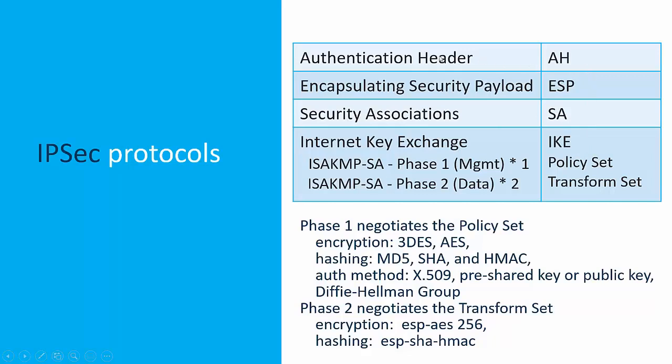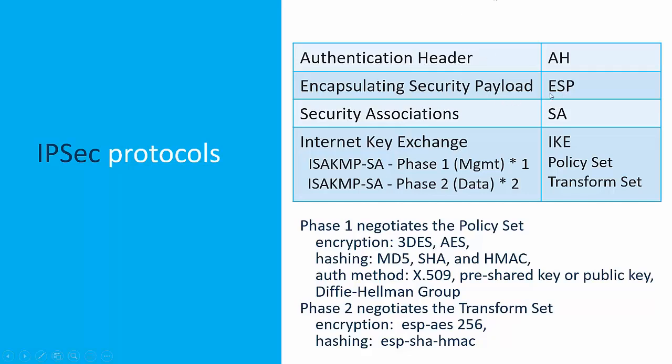Now, AH, or authentication header, is more of a header than a standalone protocol, and it's waning in popularity because although it can provide the ability to authenticate data origin, that the data is from where you think it's from, as well as the integrity of the data, that it wasn't changed en route, it doesn't provide confidentiality or encryption. Authentication header also doesn't work with NAT firewalls. It can't traverse network address translation.